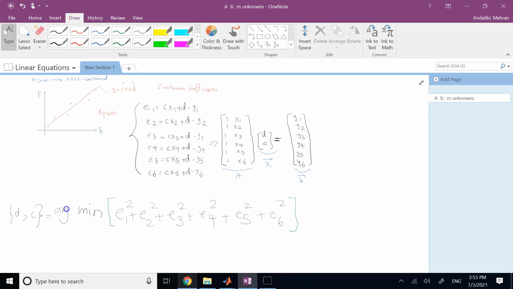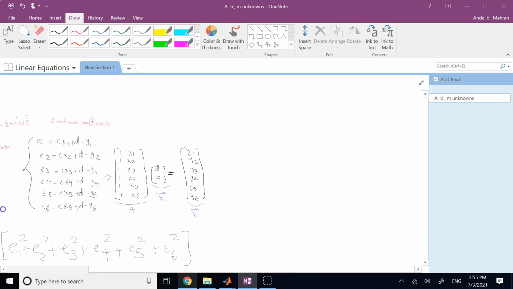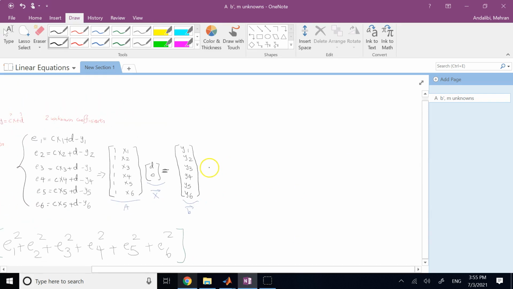Where the solution, the optimum solution which gives you the minimum sum of squares, this x, the least squares solution, is going to be what? You clearly cannot invert this A and multiply by B because A is not a square matrix.